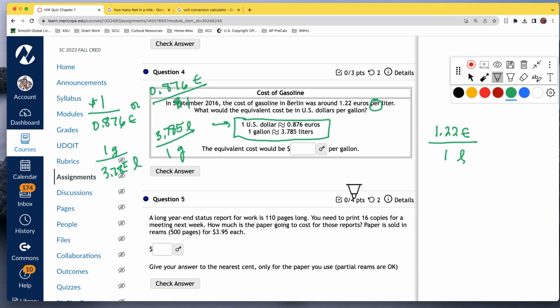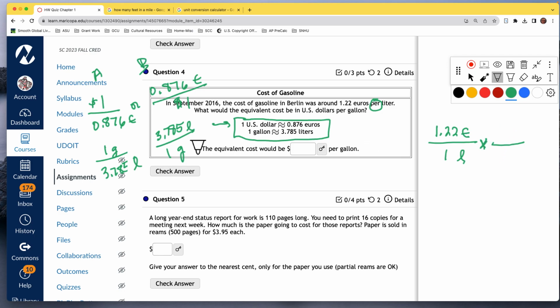Okay, so let's see if we can follow along. So which one, does anyone have a preference? Which one should we convert first? Top one. Okay, so we want to take euros to dollars. So if we focus on the euros, which one do we use? Do we use the A, or do we use B? We use the first one because, good, we want to divide out the euros.